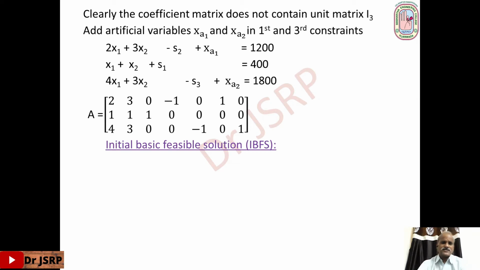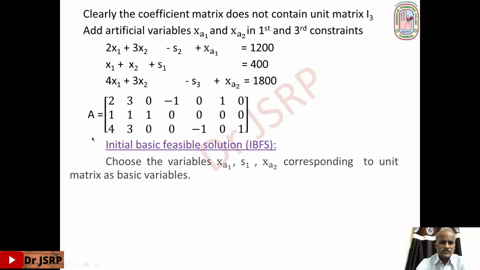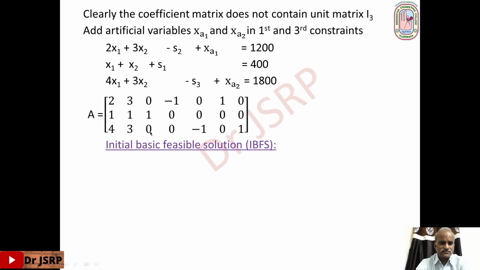How do we find the initial basic feasible solution? We choose the variables corresponding to this unit matrix as basic variables. So observe the unit matrix: 1, 0, 0 corresponds to xa1. 0, 1, 0 corresponds to S1. 0, 0, 1 corresponds to xa2. So the order of the basic variables is xa1, S1, and xa2.